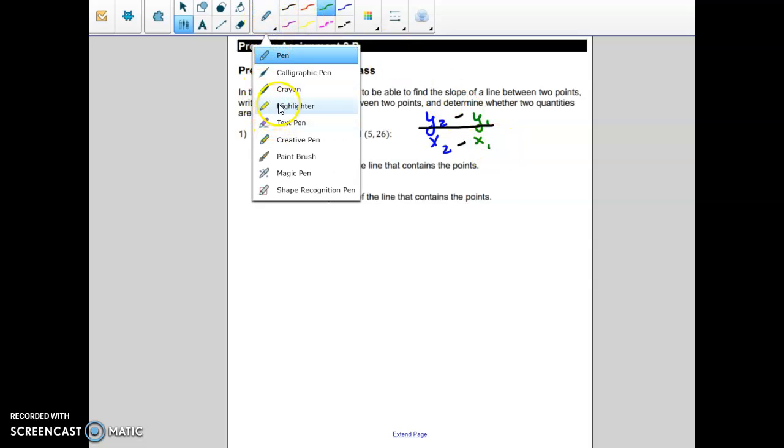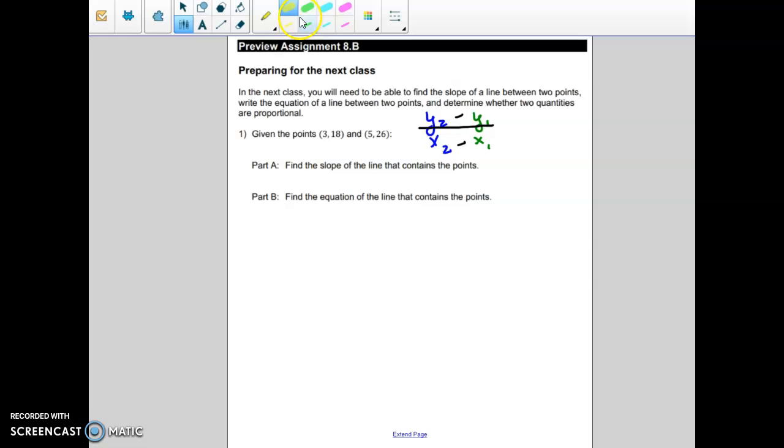Now, it doesn't matter which point we pick for our x1, y1, x2, y2. I typically just go in order, so I'm going to have our x2, y2 be our second point over here, and our 1s be over here.